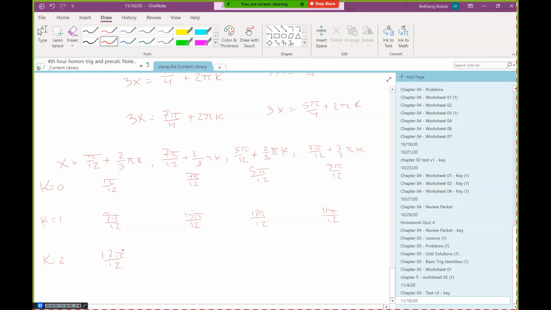That's still smaller than 2 pi, so that's an acceptable answer. 15/12 plus 16/12 is 31/12. That's too big. We'll cross that out. 13/12 plus 16/12 is 29/12. That's too big, right? 2 pi is 24/12. And then 11/12 plus 16/12 is 27/12. That's too big.